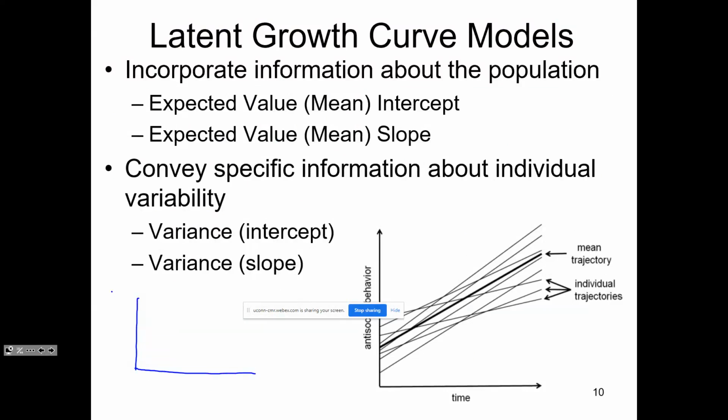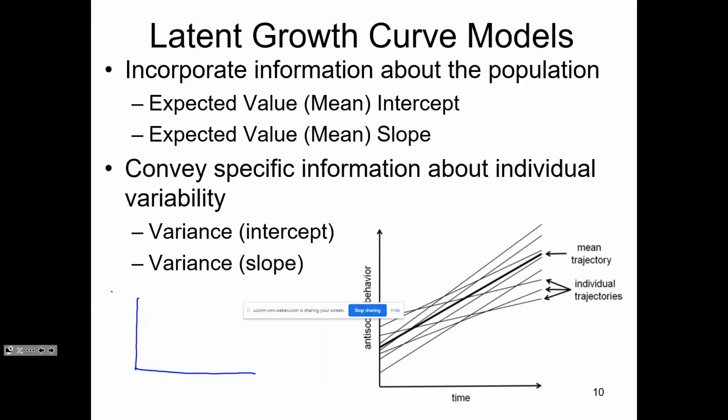So with latent growth curve models, we're talking about fitting a latent trajectory to the observations across time. That latent trajectory could be linear. This week, it's going to be linear. Next week, we could have latent trajectories that are not linear. So they're not actually the same thing. But this week, everything is a latent growth curve model that is linear.